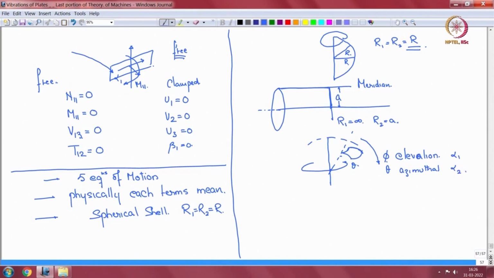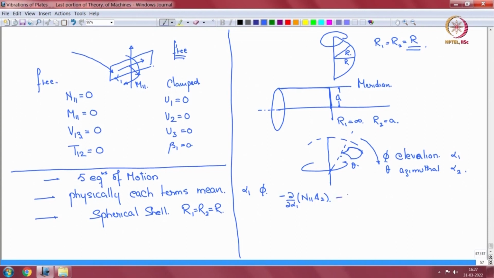Now my first equation of motion, that is in the alpha 1 direction, which means the phi direction, is given by: minus del alpha 1 of N11 A2. That is the first term.